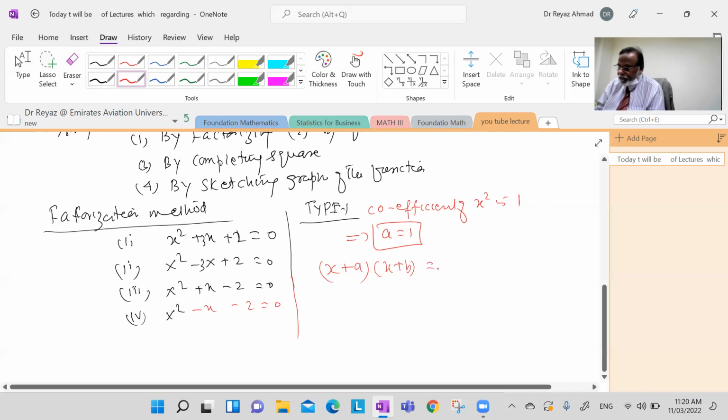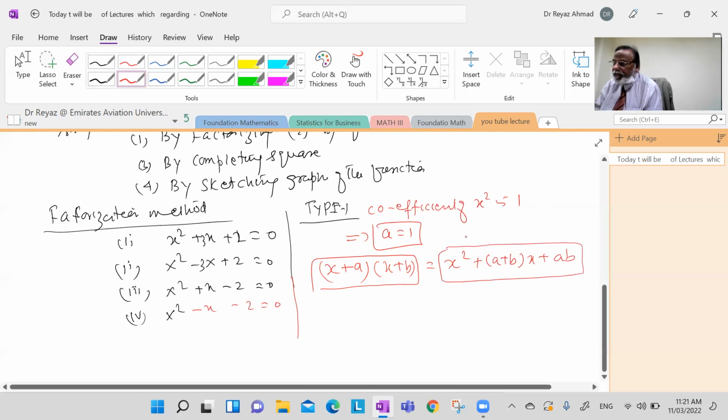I want to expand this, then I will find which tells me that if we multiply these 2 linear expressions together, where the coefficient of x in both cases is 1, and each one has a constant a and b with the plus sign in between them, then it will always result in this kind of expression, always.